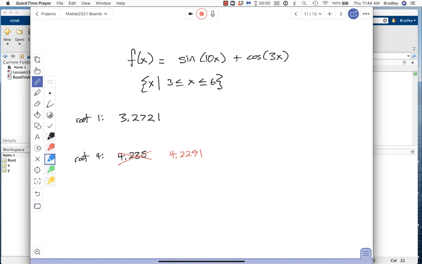And we can see that here because in our linspace, there were 50 points in the domain. And here we used 1,000 points in the domain.